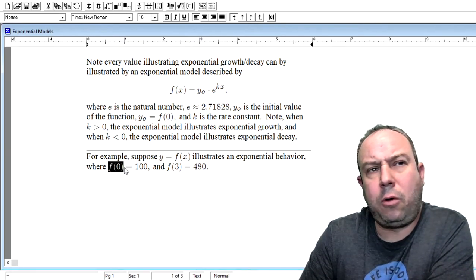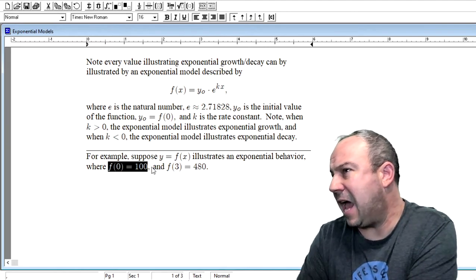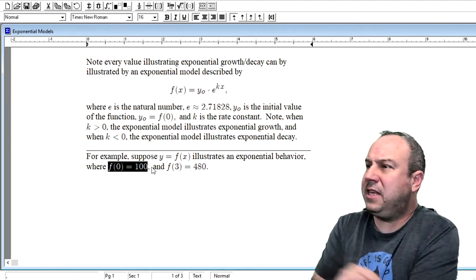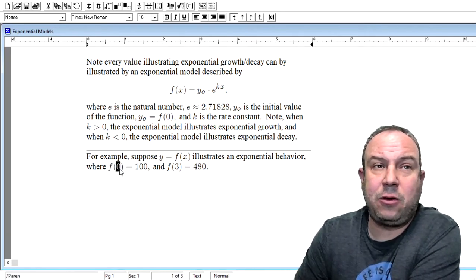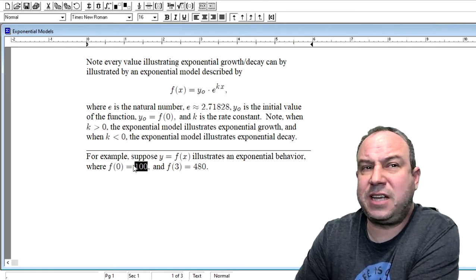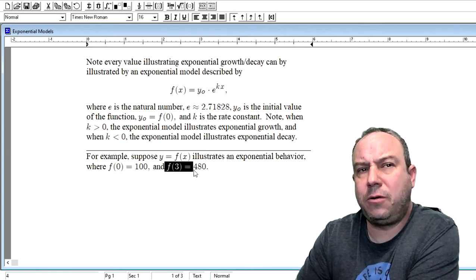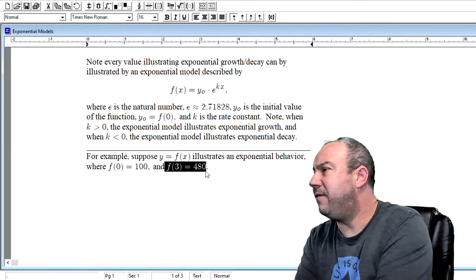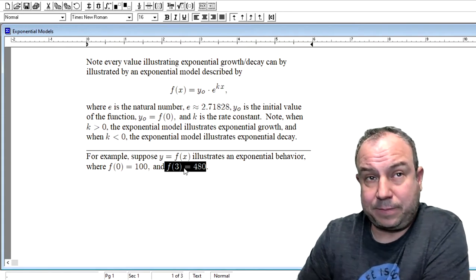We are told what the model would yield as its value when the value of x is 0 in our model. We are told in a sense what is our initial value, and we are told also what is the value given by this model when our x value is 3.